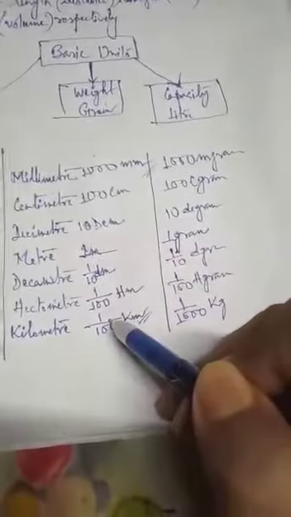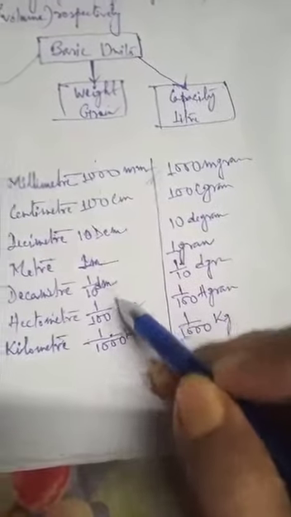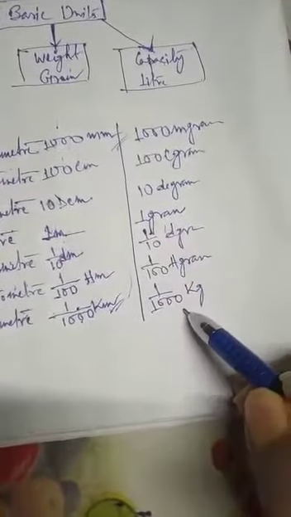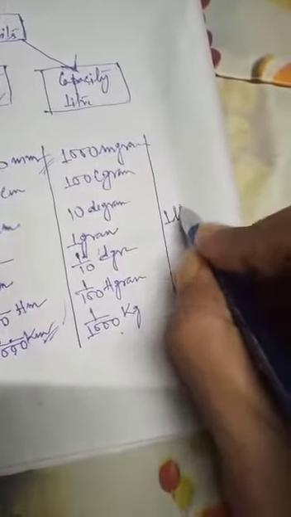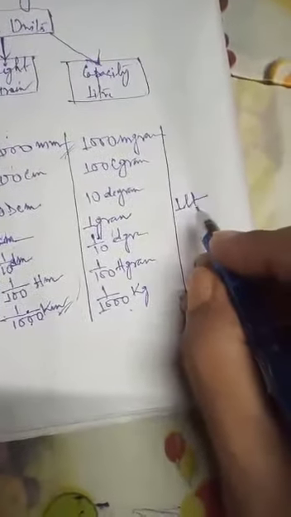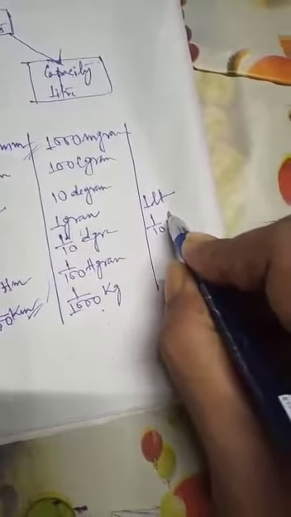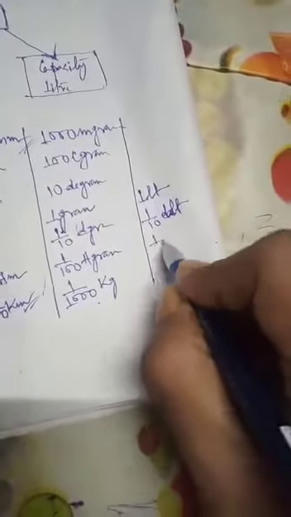So in case of length, we use 1 meter, 1 by 10 decameter, 1 by 100 hectometer, 1 by 1000 kilometer. In gram, same process. In case of liter, like 1 liter, if it comes downward, the first step is divide by 10, that means decaliter, then 1 by 100 hectoliter, then 1 by 1000 kiloliter.